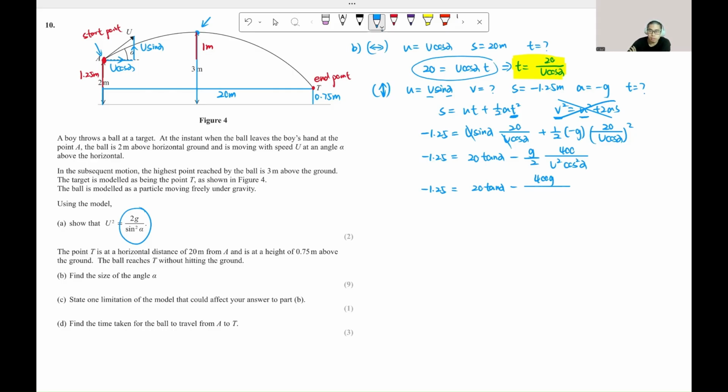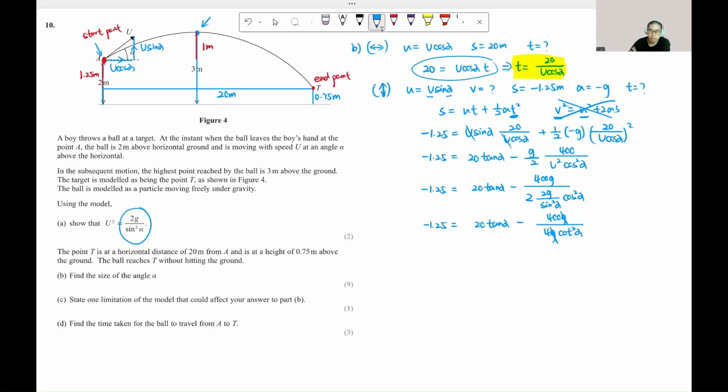So then we can change that into 2 times U squared, which is 2G over sine squared alpha, and then times cos squared alpha. So that will give us negative 1.25 is equal to 20 tan alpha minus 400G over, so 2 times 2G, that's 4G, cot squared alpha over sine squared alpha, that would be just cot squared alpha.